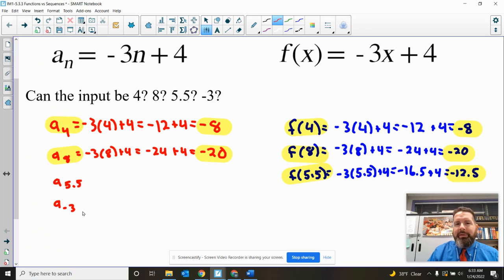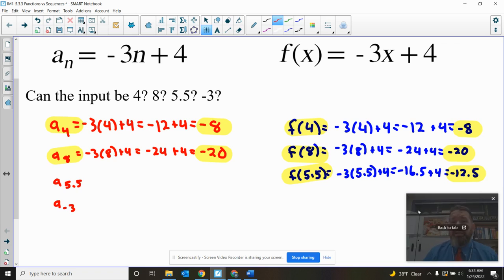I don't even know what that would be like, 3 or 4 numbers before the list started. What number are we looking for? That doesn't make a whole lot of sense. It's hard to interpret because in this context, in the sequence, it doesn't have any meaning. So in this sequence, can I use an n, an input of -3? It doesn't have any meaning.